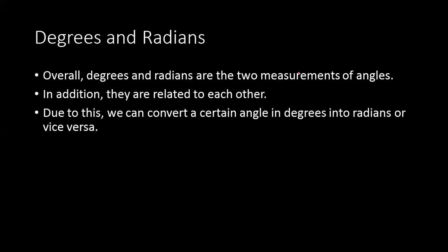So what do we know so far? Overall, we know that degrees and radians are the two measurements of angles, and they are related to each other. You already know why: earlier we learned that 360 degrees is equal to 2 pi radians.